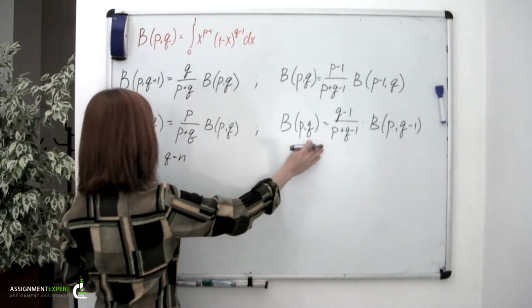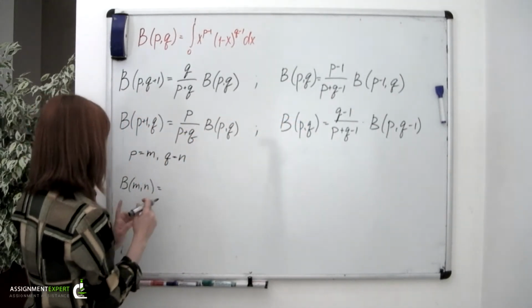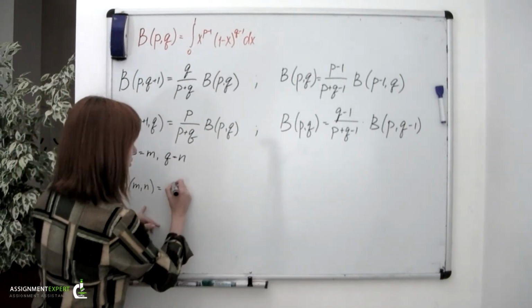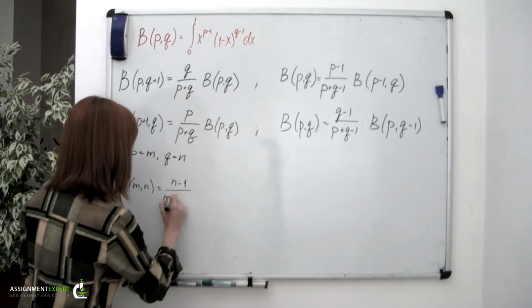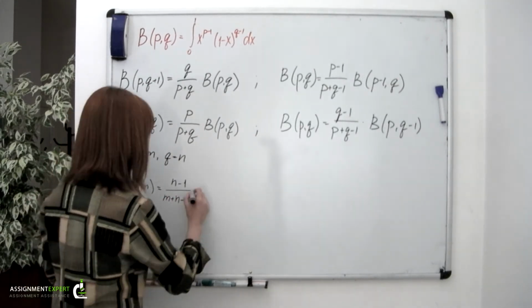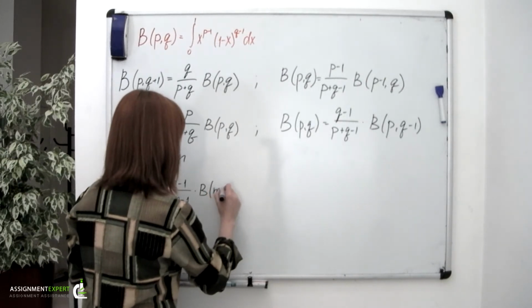I'd better go with this one. So I'm rewriting it as follows. Beta of m and n equals (n minus 1) over (m plus n minus 1) times beta of m and n minus 1.